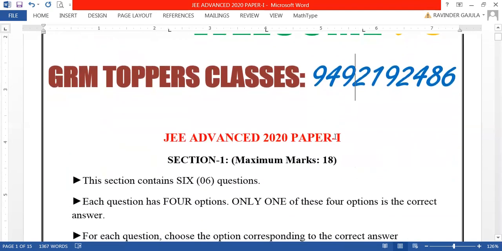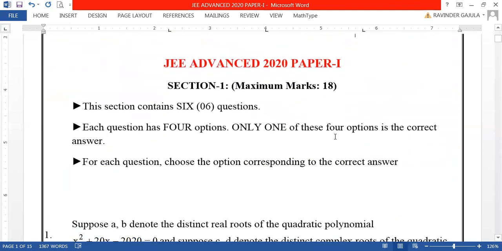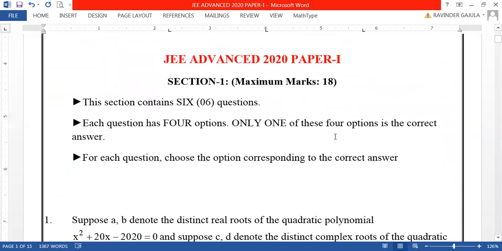Okay, friends. Now you see, you have 3 sections of this paper 1. And in section 1, you will be given 6 questions.